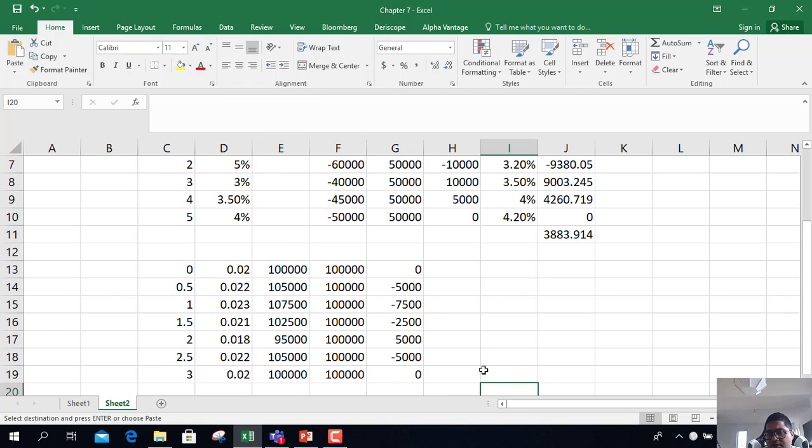Okay, this was the netted amount for the Amazon Walmart one. So we need to find present value.